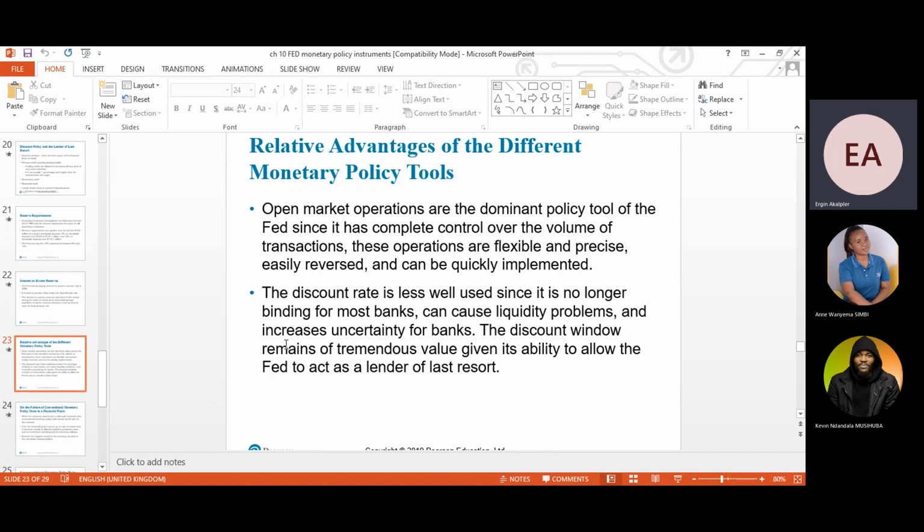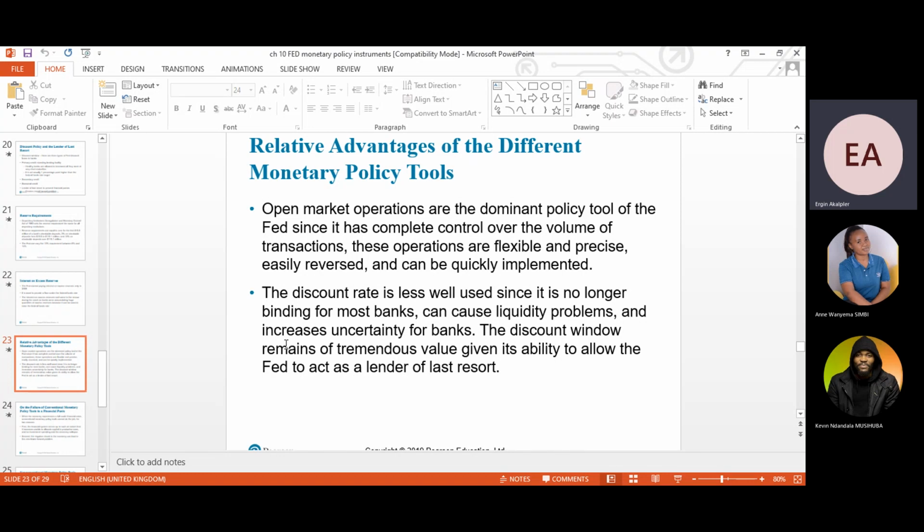In the expansionary case, you will enlarge it by buying some securities. In the contractionary case, you will reduce it. This is how it is realized. When you have expansionary money policy, this means you are going to buy some securities and pump money into the system, and vice versa for contractionary.